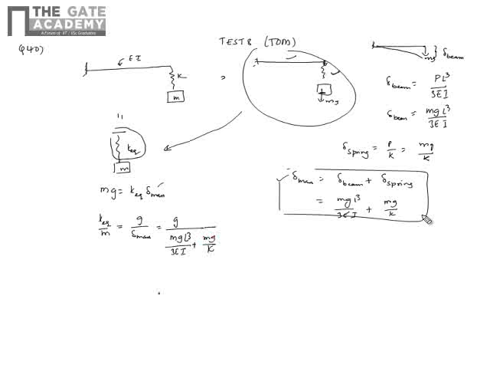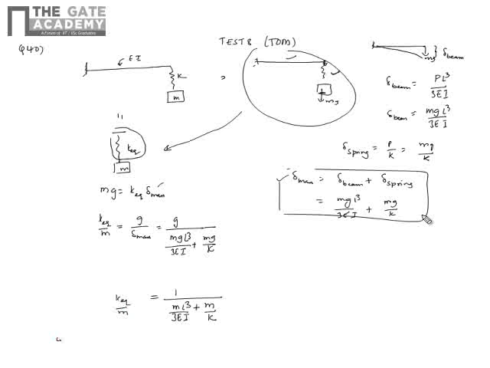If I cancel the g's, what I get is 1 by (m L³ by 3EI plus m by k). So this is what k equivalent by m is.